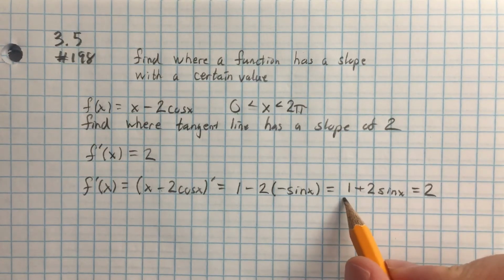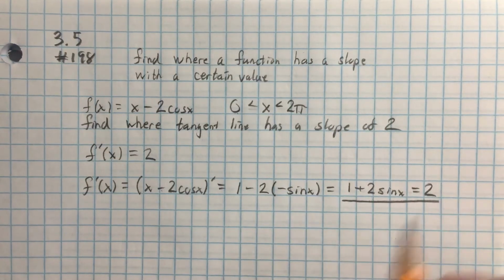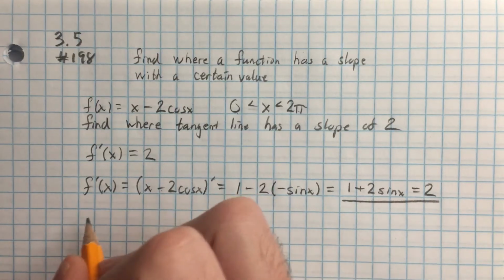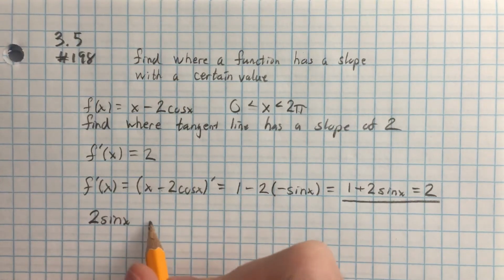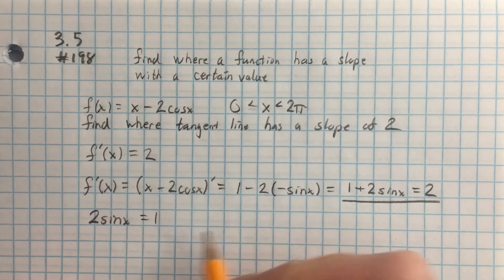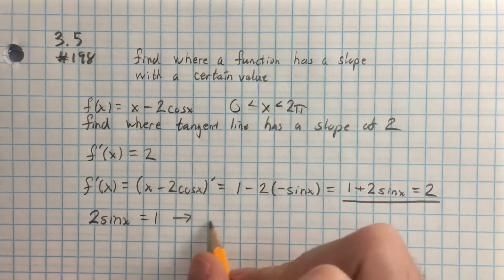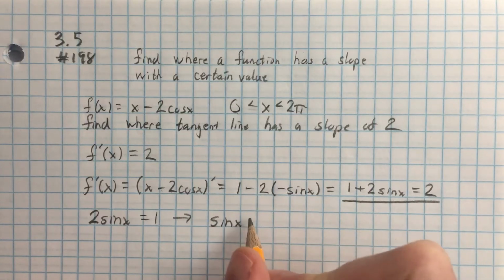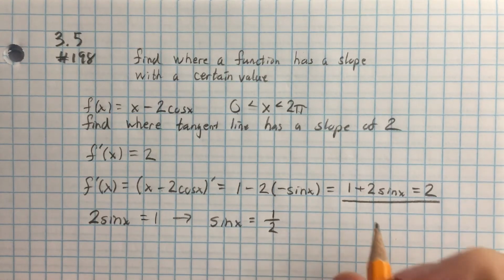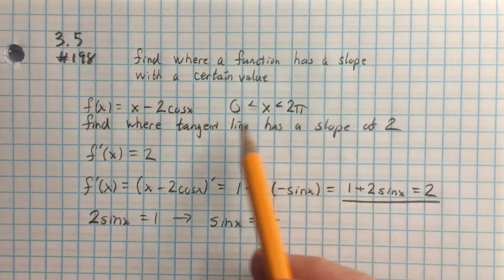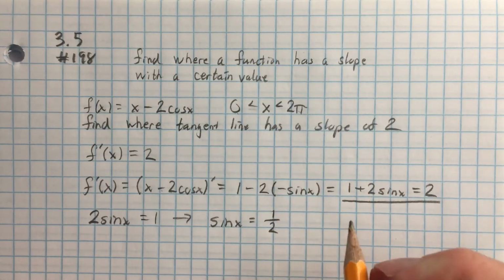So now we're just solving this equation. So that should give us that 2 sine x equals 1, and therefore sine x equals 1/2. Okay, so next we need to figure out where in this interval is sine x equal to 1/2.